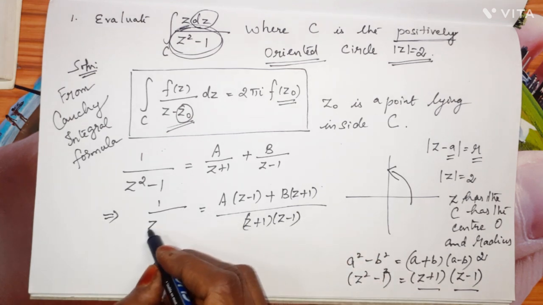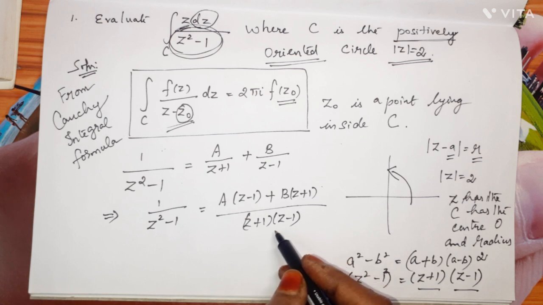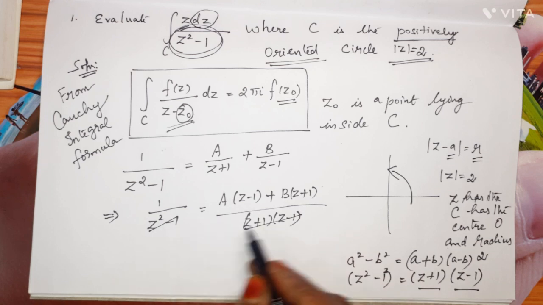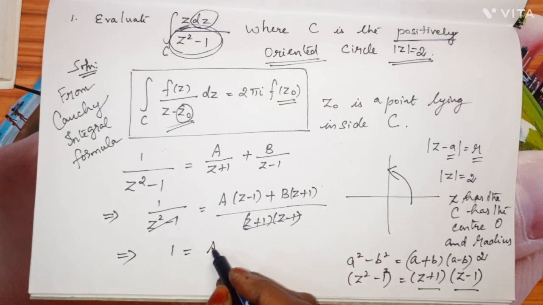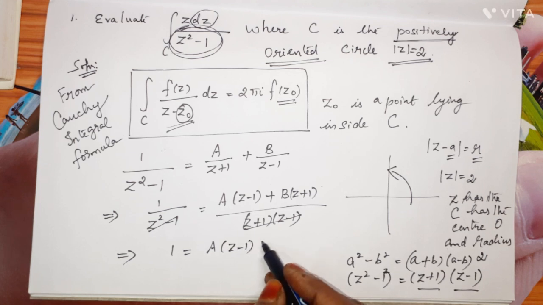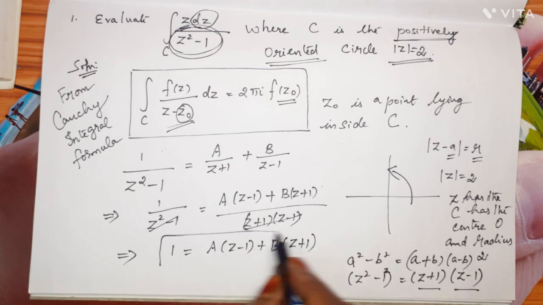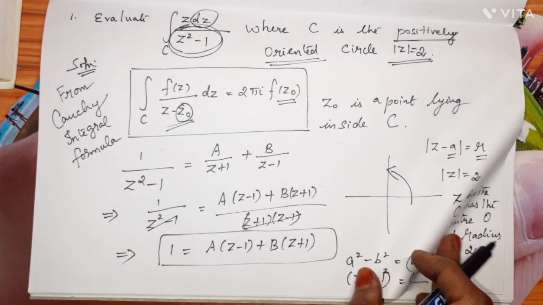The left side is 1 by z squared minus 1, and z plus 1 into z minus 1 is obviously z squared minus 1, so we can cancel both sides. So what we have is 1 is equal to a into z minus 1 plus b into z plus 1. Using this expression, we have to find what a and b are.